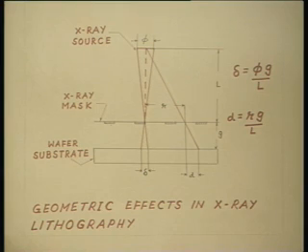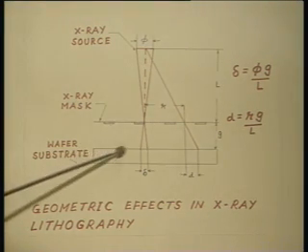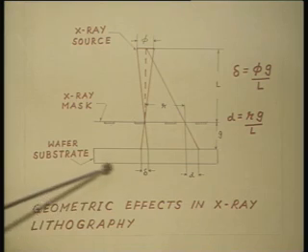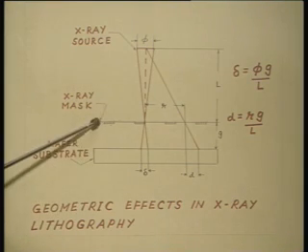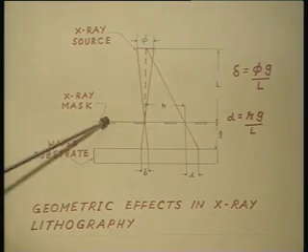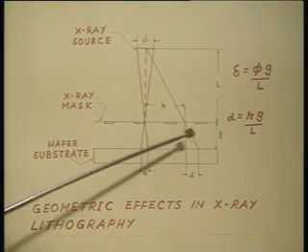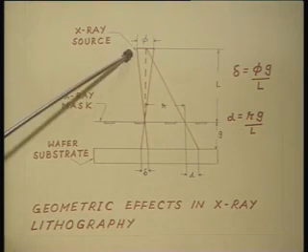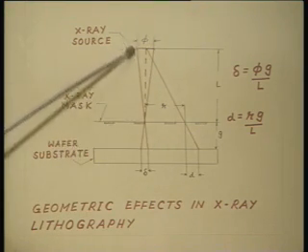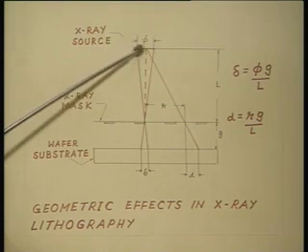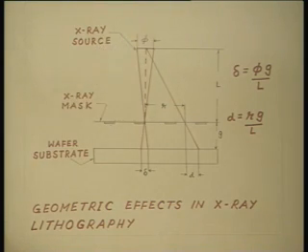In this figure we are showing the cross sectional view of the wafer substrate, and this is the X-ray mask which is separated from the wafer substrate by a distance g, which I told you is of the order of about 40 micron. And this is the X-ray source. It has an X-ray beam of diameter phi.